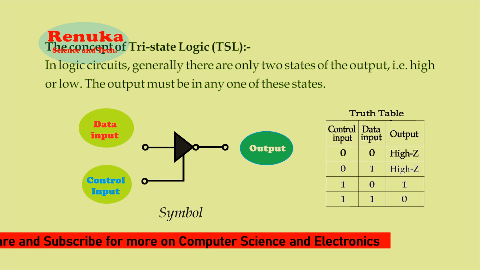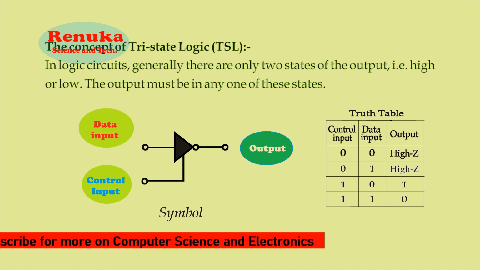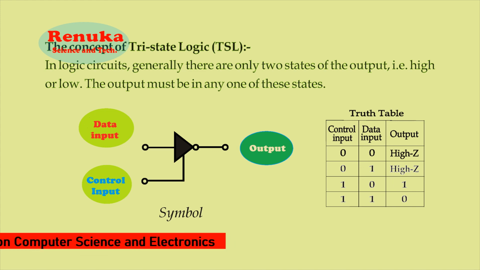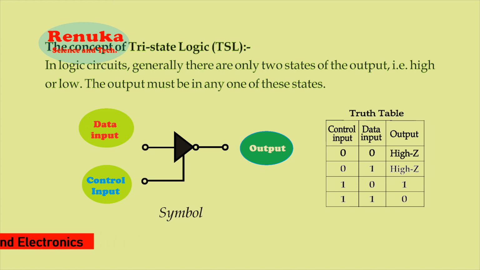And if the question is to explain the tri-state inverter gate, then you have to explain the NOT gate along with the diagram. A neat and clean diagram should be there, and you have to explain it with the truth table. So there are two types of questions asked on TSL, which will carry either 4 marks or 3 marks depending on the complexity of the question. So this was all about the concept of tri-state logic. Thank you.